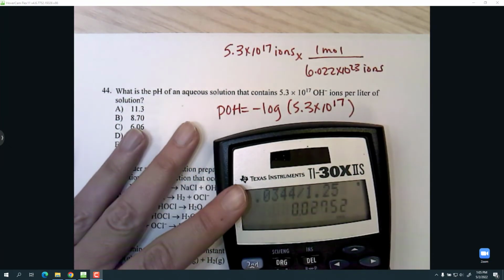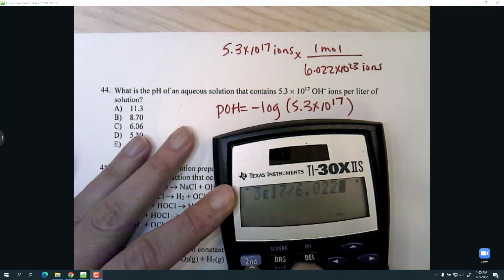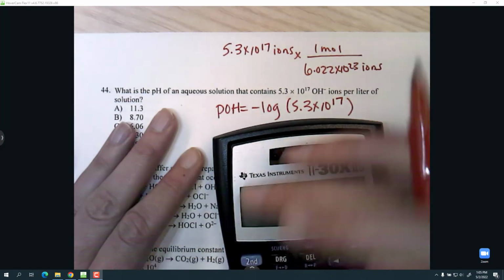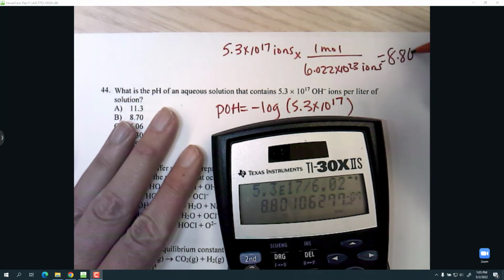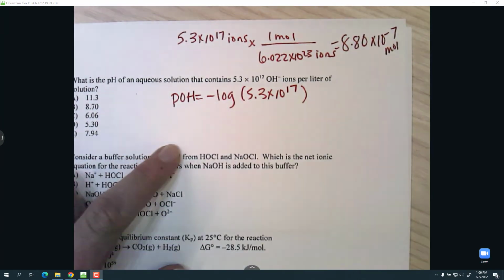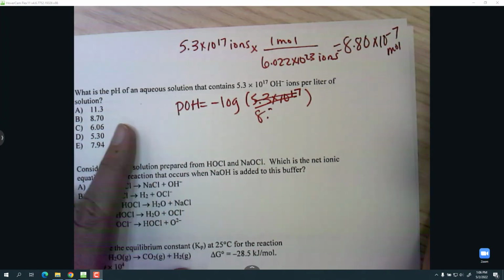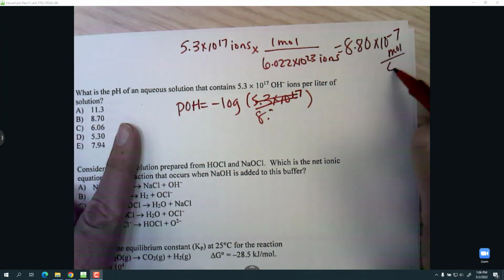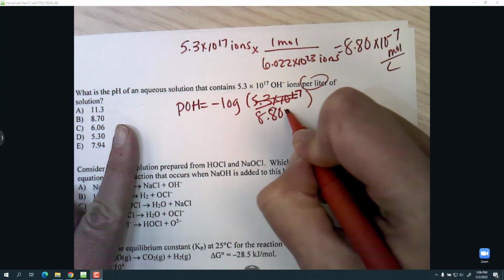So I'm going to convert this, 5.3 times 10 to the 17th divided by Avogadro's number. 8.8 times 10 to the minus 7th moles. That looks more reasonable. And then per liter, right, because of that. So that is molarity. So now that's what I can plug in.